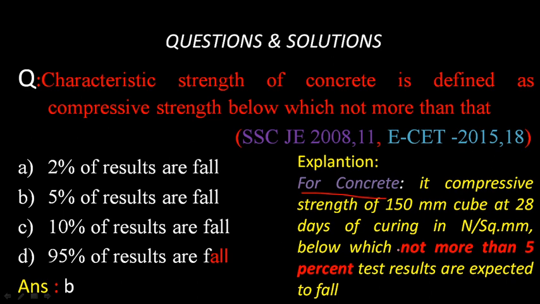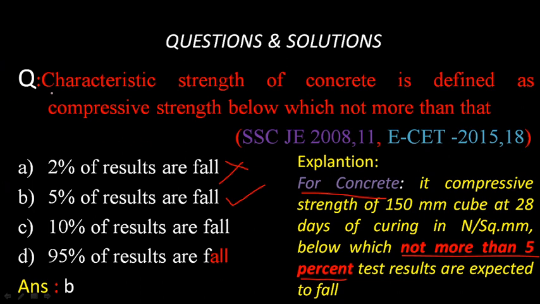Not more than 5% of test results are expected to fall below it. The options are 2% of test results, which is not correct, and 5% of test results, which is the correct answer. So the option is B for this question.